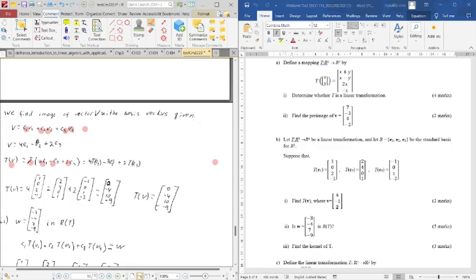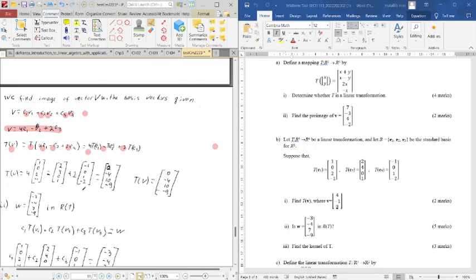From linear transformation properties, the transformation of V equals the transformation of V1 plus V2 plus V3. So we can use this property, and from the given equations, the transformation of V will be equal to 4 times the transformation of E1 minus the transformation of E2 plus 2 times the transformation of E3. This 4, negative 1, and 2 we got from the given vector. So we just substitute it.